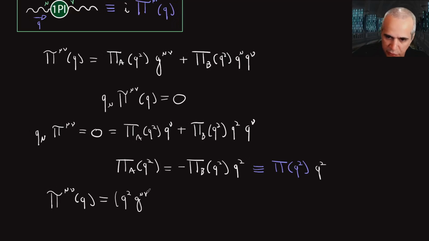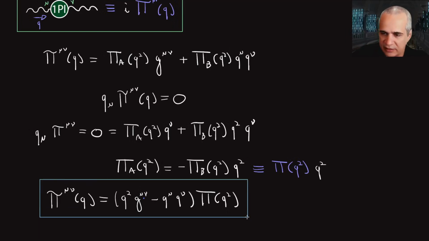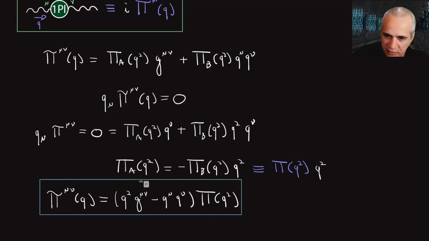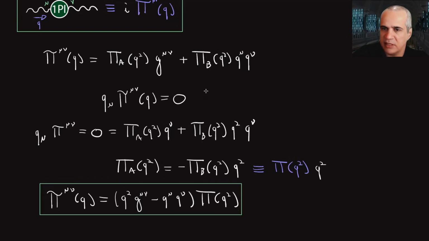G mu nu minus q mu q nu, pi of q squared. So what I'm saying is that instead of this form, I'm constrained to this one, which is more constrained, and satisfies Ward identities.